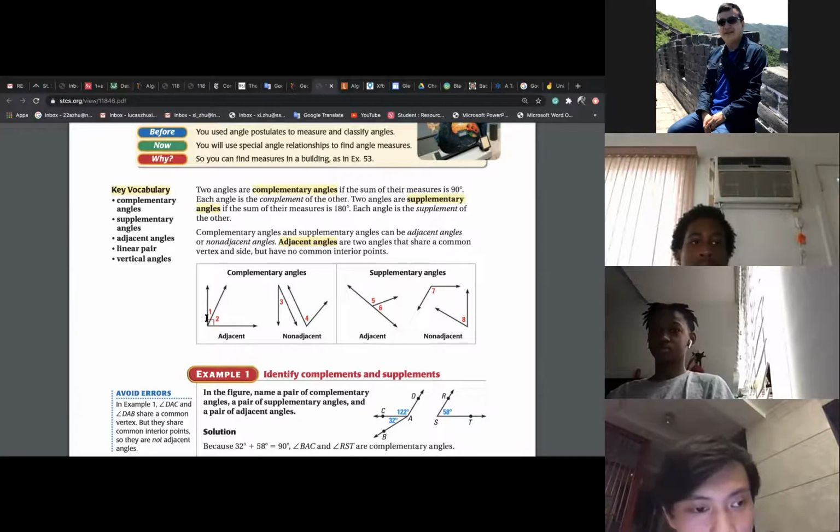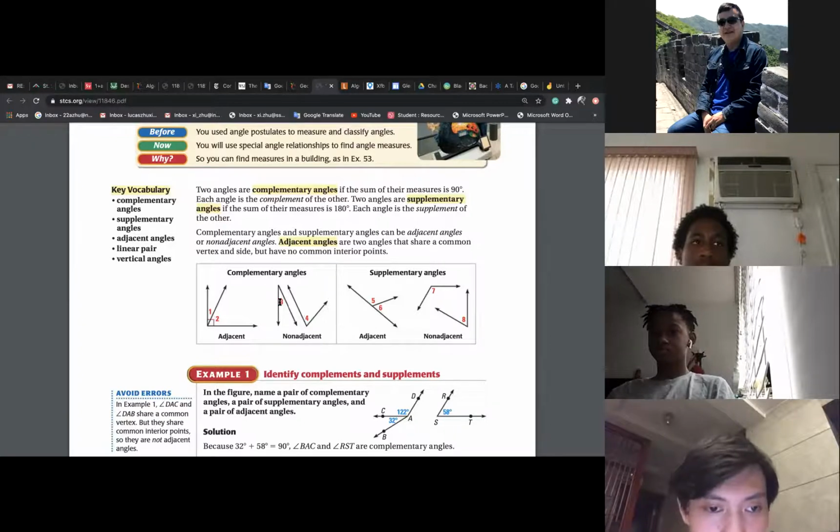Also because they share the same vertex and a side, the side over here and the vertex over here, they're adjacent angles. But there are also non-adjacent complementary angles.